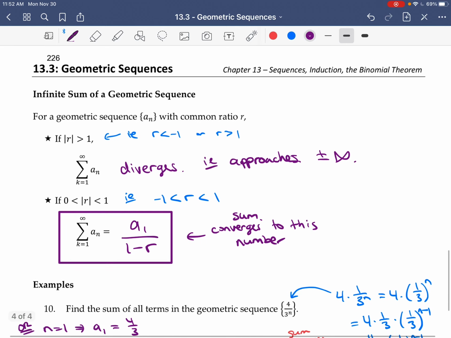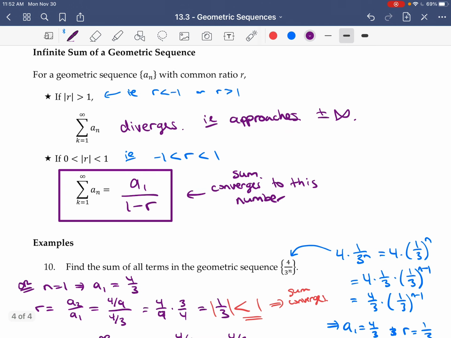Okay, so now for the infinite sum, if your r in absolute value is between 0 and 1, so your r is between negative 1 and 1, I guess I should write and not 0. Okay, then you can use this formula, so the infinite sum converges to a number.